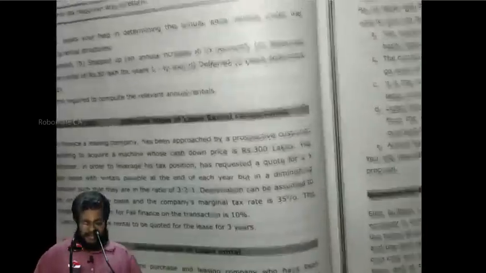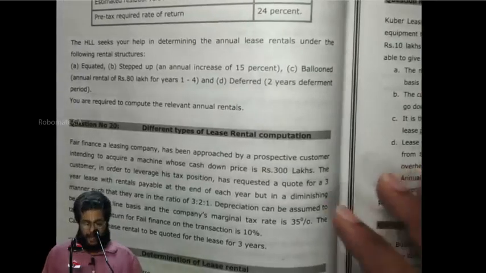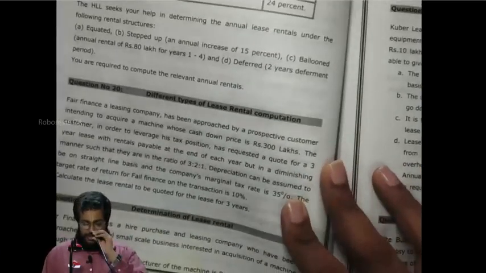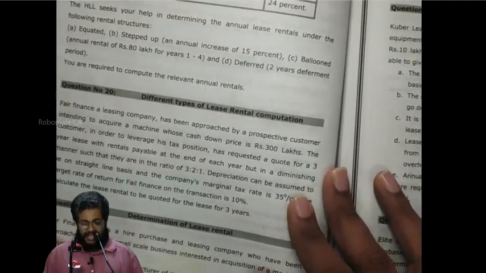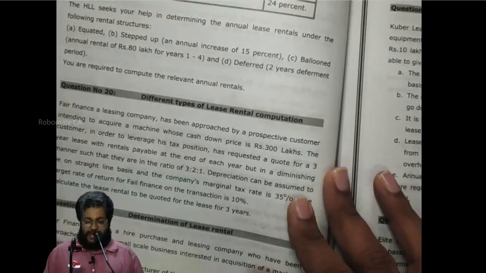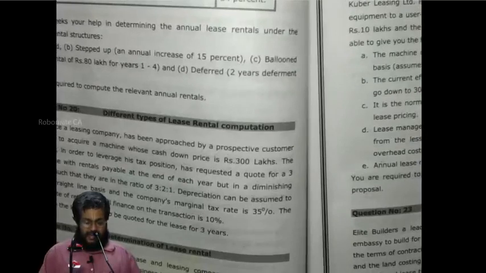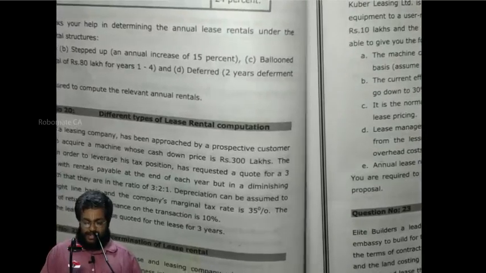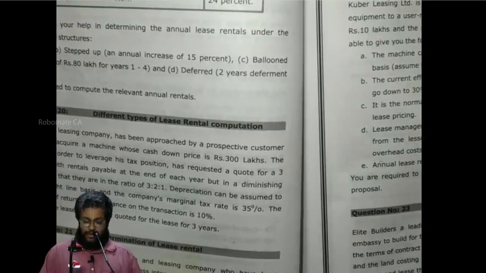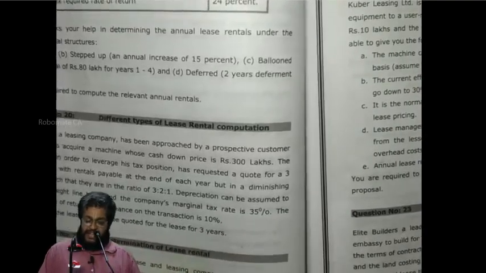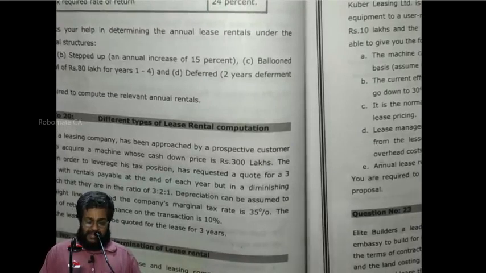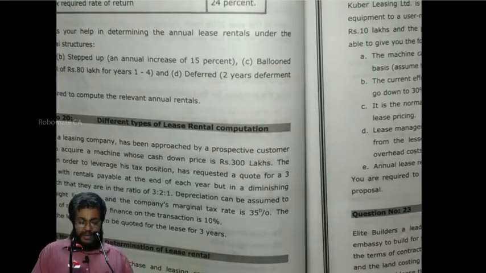Fair Finance, a leasing company, has been approached by a prospective customer intending to acquire a machine whose cash down price is 300 lakhs. The customer, in order to leverage his tax position, has requested a quote for a 3-year lease with the rentals payable at the end of each year, but in diminishing manner such that they are in the ratio 3:2:1.